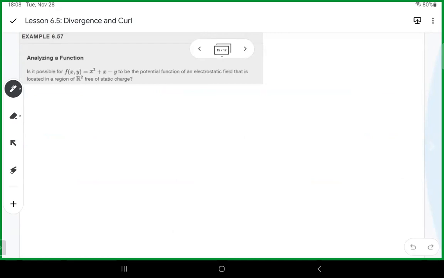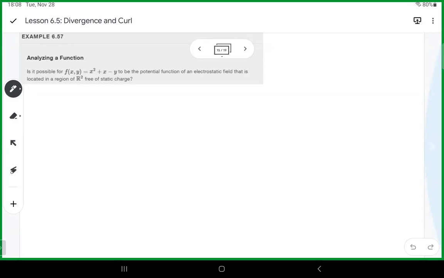Analyzing a function. Is it possible for the following to be a potential function of an electrostatic field that is located in a region of R2 free of static charge? Excuse me.